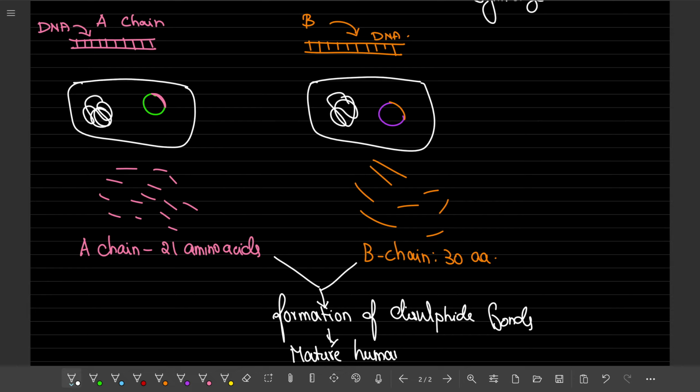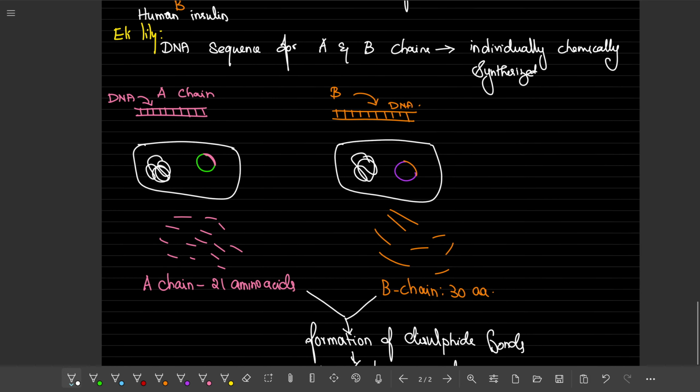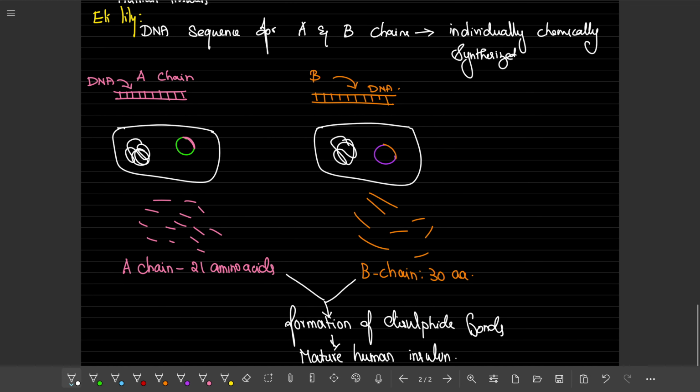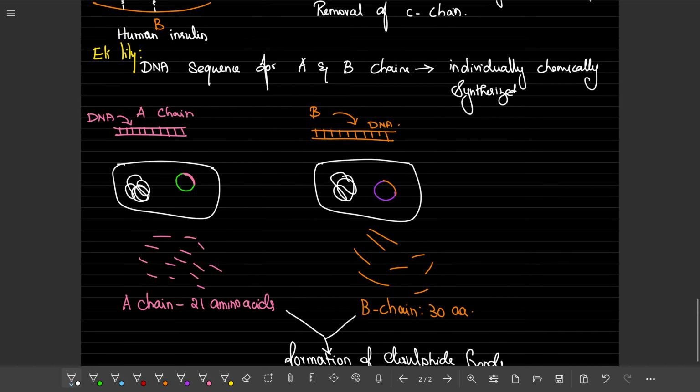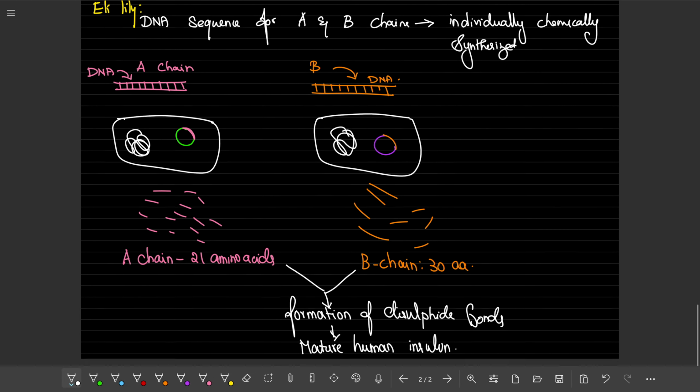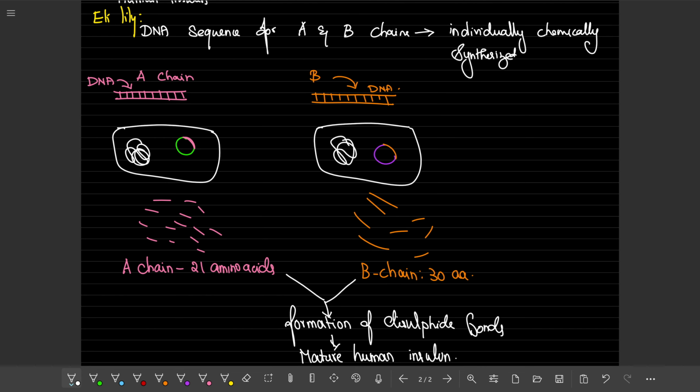The mature human insulin. No extra steps necessary, no extra enzymes need to be provided. It is not going to have any effects also, no immune effects. So this is how Eli Lilly produced it. So synthesis of insulin on a very large scale occurred in this. Okay. Understood? Please write.